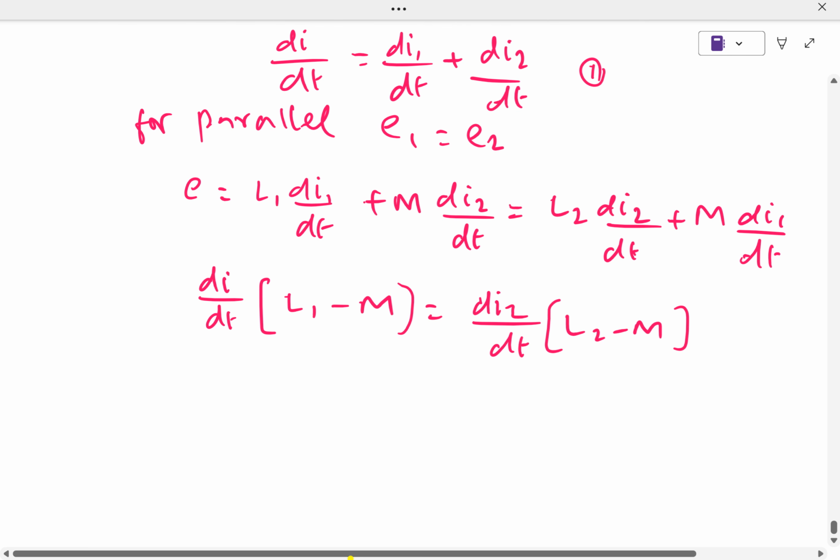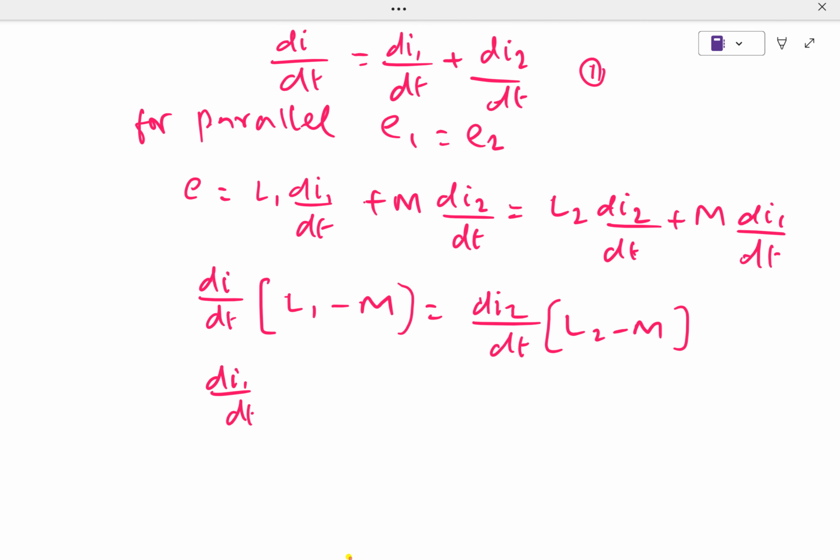Therefore, di1/dt is equal to (L2 minus M) over (L1 minus M) into di2/dt.